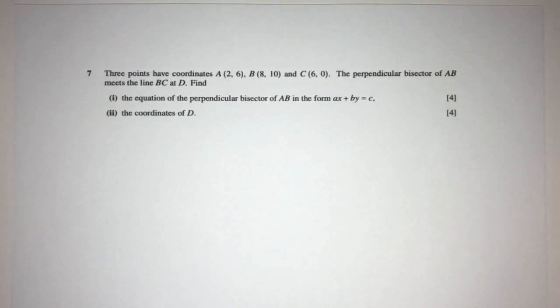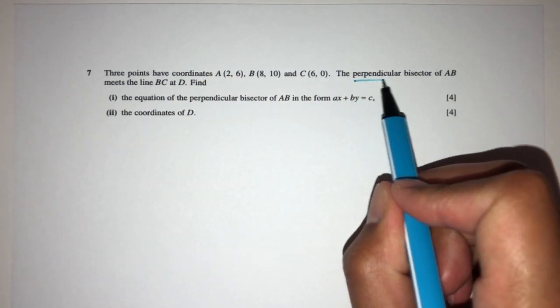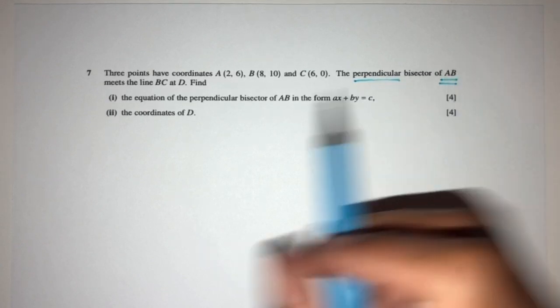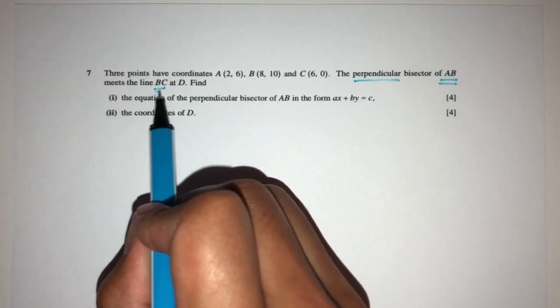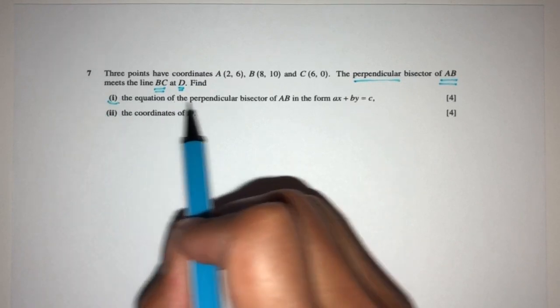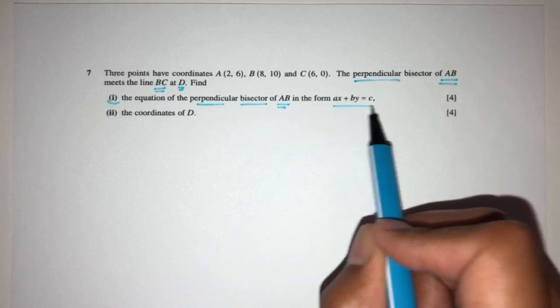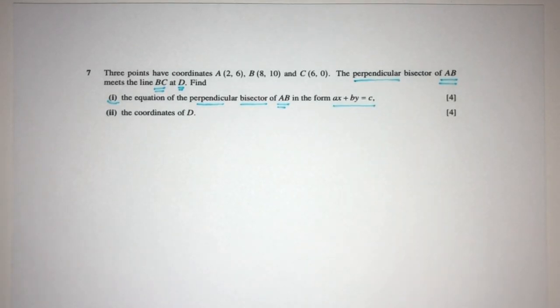So here we have 3 points, with the coordinates A, B, and C, as you can see here. Now the perpendicular bisector of AB meets the line BC at D. So first things first, we have to find the equation of the perpendicular bisector of AB in this form. So pretty easy. We just have to understand what is the perpendicular bisector of AB.